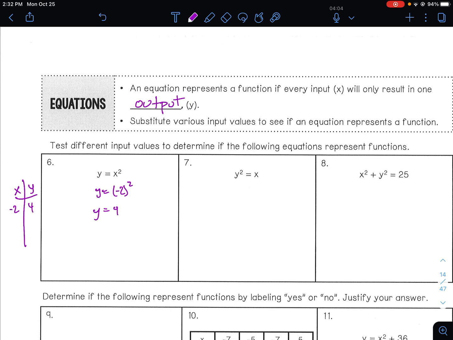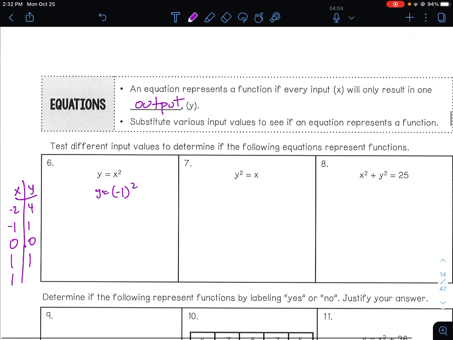If x was negative 1, and I squared that, what would y equal? 1. Negative 1 squared is 1. So if x is negative 1, y would equal 1. If x is 0, what's 0 squared? It's also 0. If x is 1, y is 1. If x is 2, 2 squared is 4.